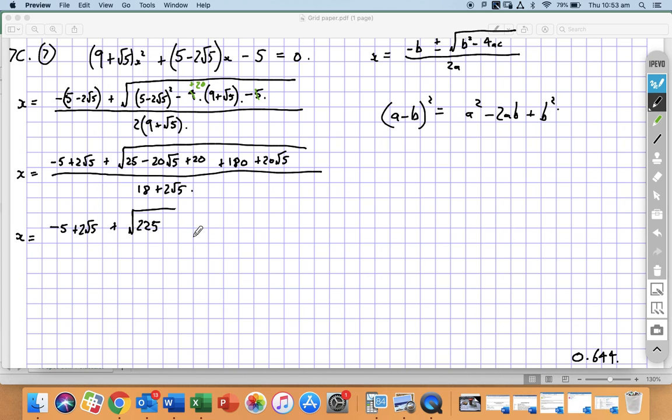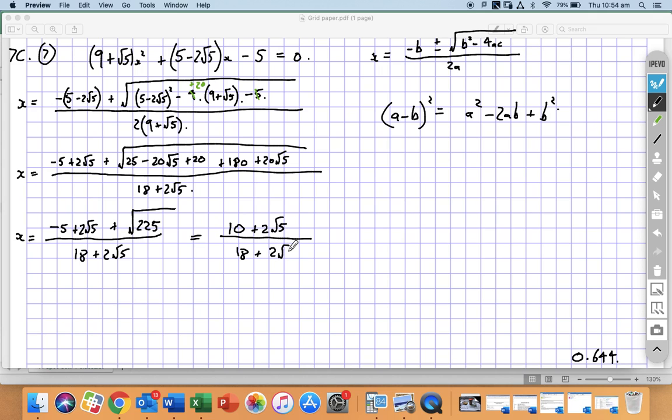Now 15 squared is 225. So what I've actually got here is minus 5 plus 15, which is 10. So I've got 10 plus 2 root 5 on top of the fraction, and on the bottom, 18 plus 2 root 5.